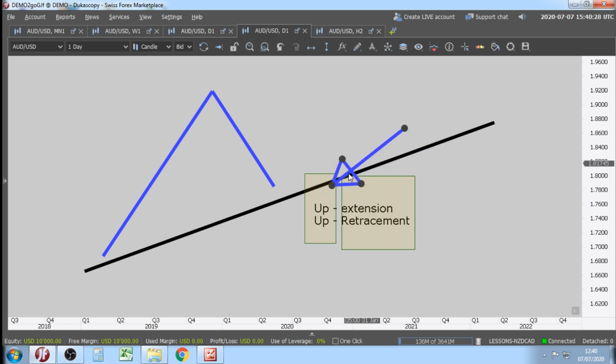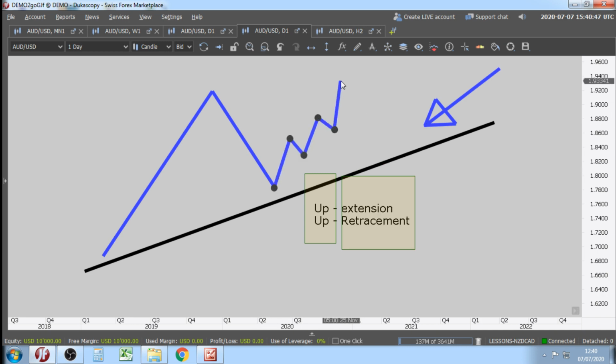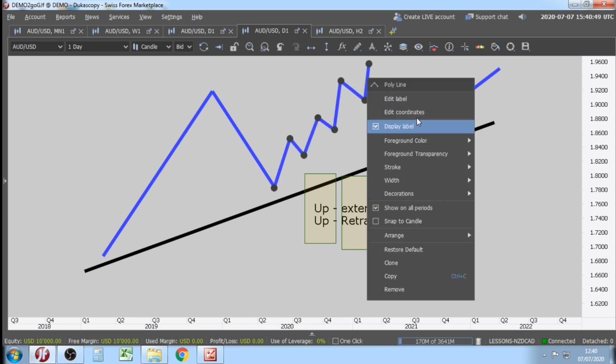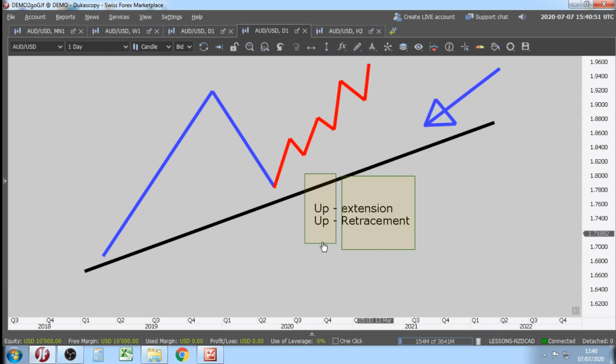General direction, and what the market is doing right now. Va bene, Giuseppe? First quadrant: up, extension. Up is the general direction, and extension is what the market is doing right now. It's extending. So this is because the third leg is going to be... Giuseppe, what is the red one? Is it an up extension or a down extension?